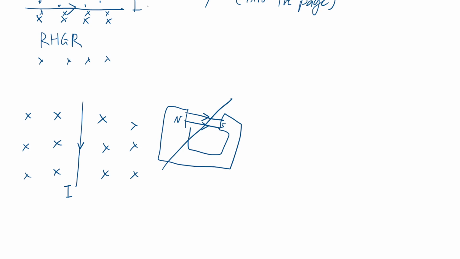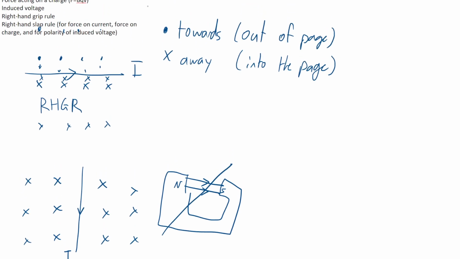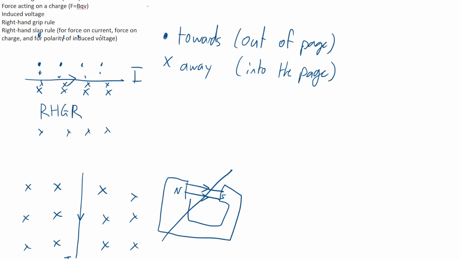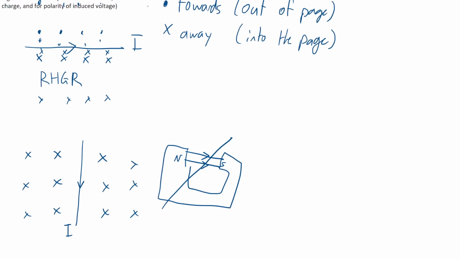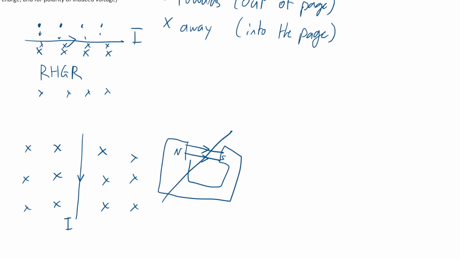So we know from the right hand grip rule that this current will create a magnetic field around it. So let's draw that in. By right hand grip rule, our thumb points down.